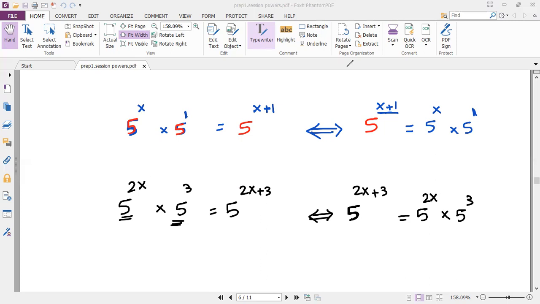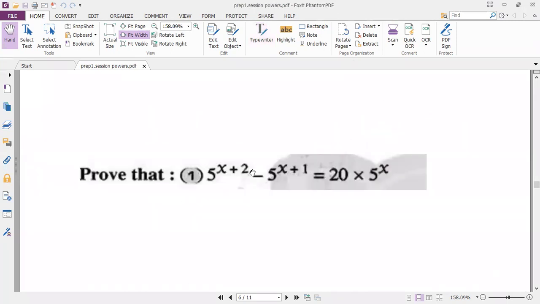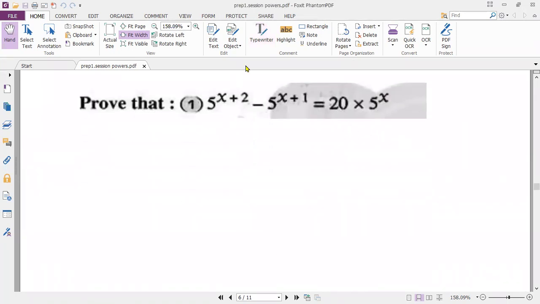So in this example here, I want to prove that 5 raised to the power of x plus 2 minus 5 raised to the power of x plus 1 equals 20 multiplied by 5 to the power of x.